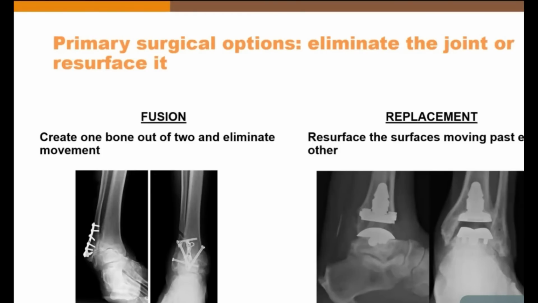A replacement takes the worn out surfaces and replaces them with a new bearing that eliminates that discomfort. Some combination of metal and plastic, we'll see some variations on that theme moving forward.